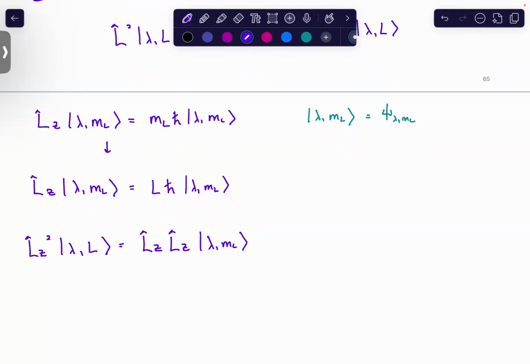Of course, these work in order. So your first Lz works on the quantum state, and you still have your next Lz. That first one is going to pull out an L h bar. You get the state back. Now we can commute these, because those are just constants now.